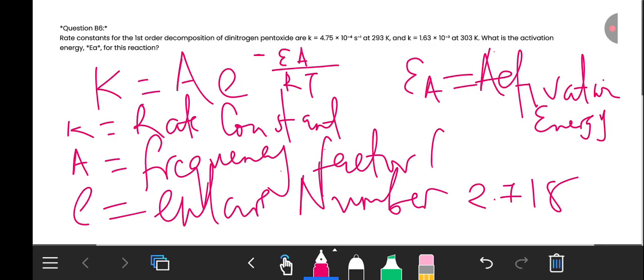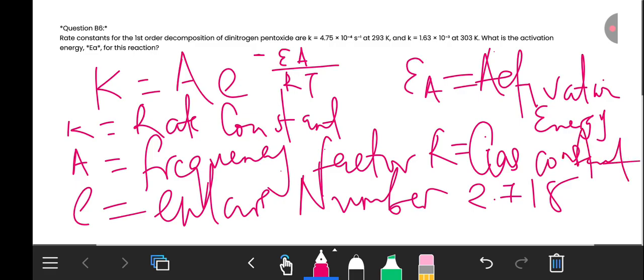Then R is the gas constant, the universal gas constant. Since we are talking about energy, the gas constant would be 8.3145.